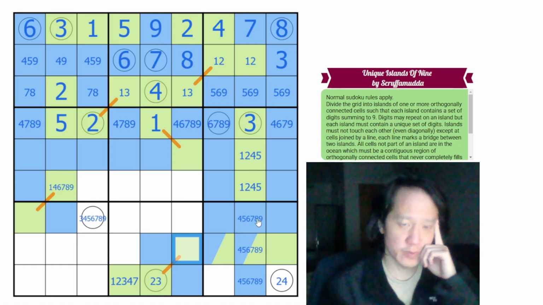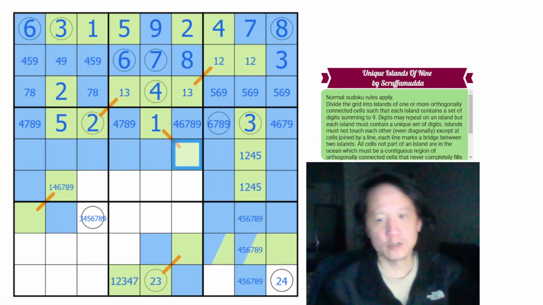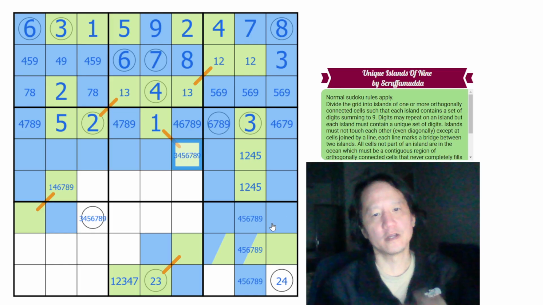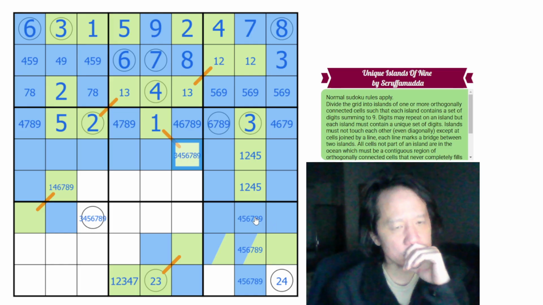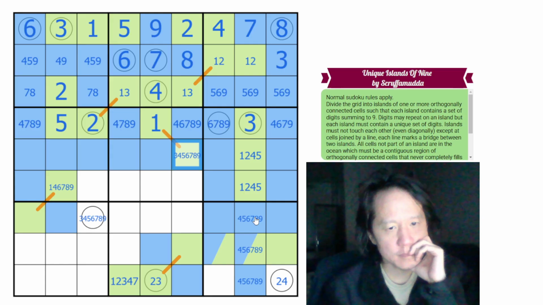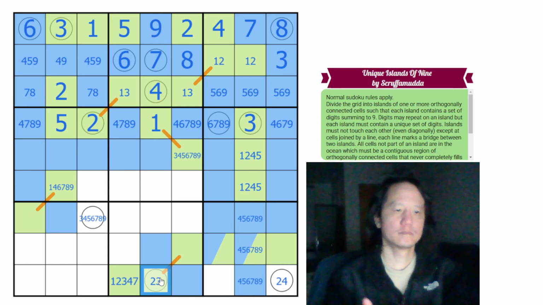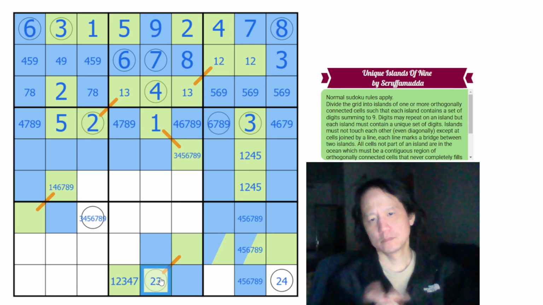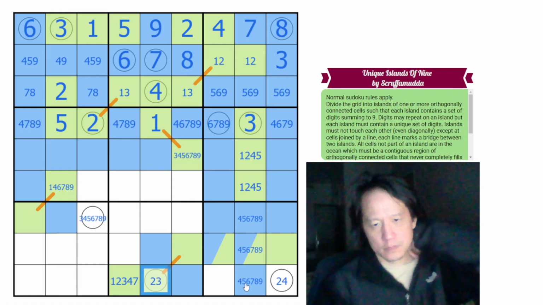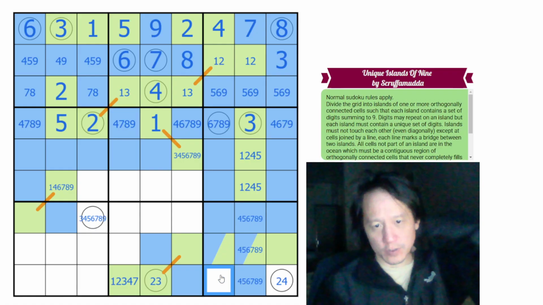One of these possibilities here. This can't be 1 or 2. This has to be 3 through 9. I don't know what this is.